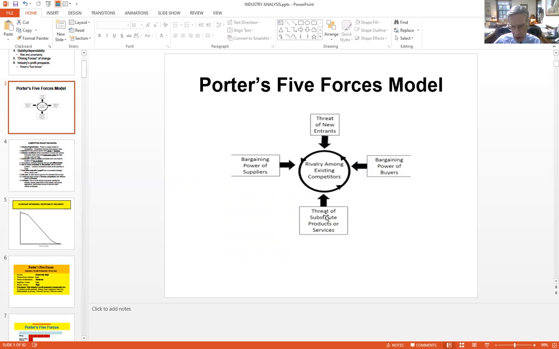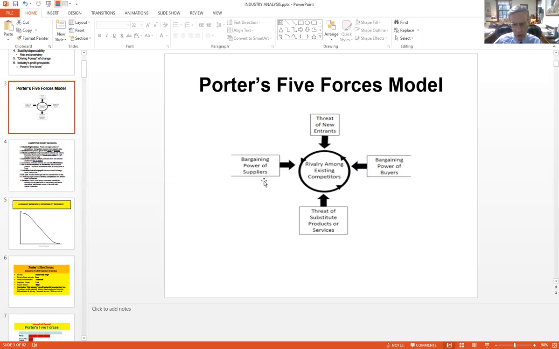If buyers have multiple choices, or if there aren't too many buyers and there are lots of companies in our industry, then they have the bargaining power and they're able to negotiate for lower prices or more costly services, costly for us, costly for our industry. And so again, profit potential of the industry decreases.